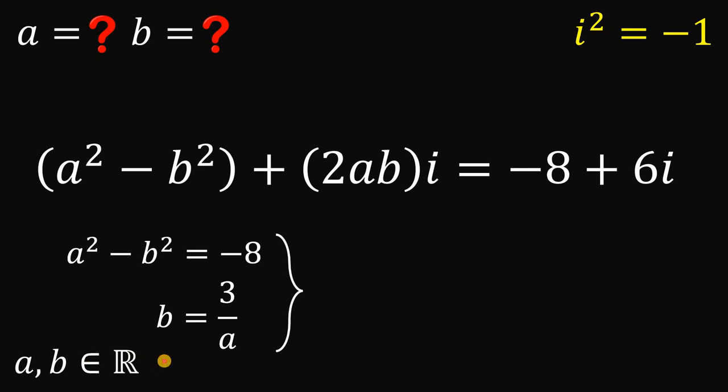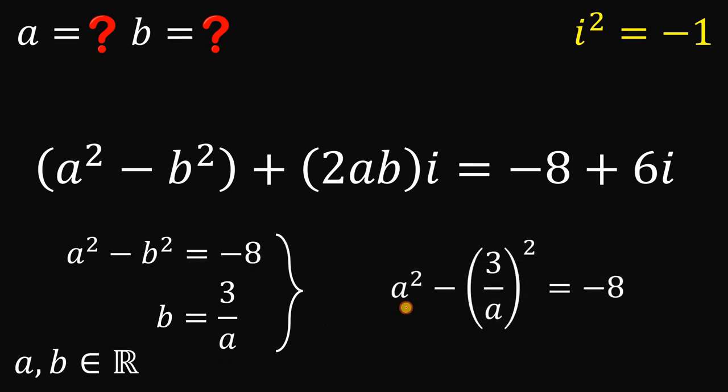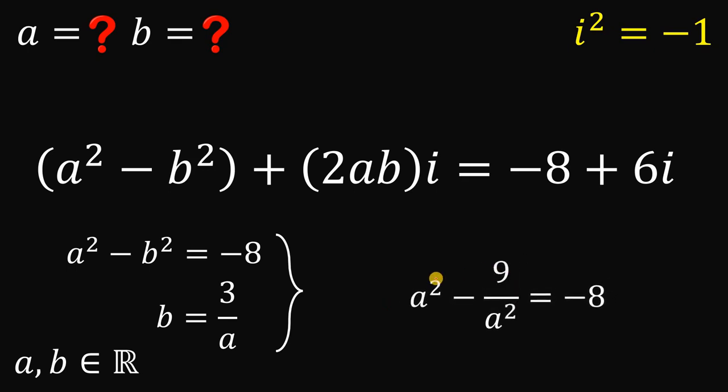Now, we will use these two equations to solve for the values of a and b. Again, take note that a and b are both real numbers. Okay, don't forget that. Now, let's replace this b with 3 over a. If we do that, we get a squared minus (3 over a) squared equals negative 8. Now, (3 over a) squared will give us 9 over a squared.